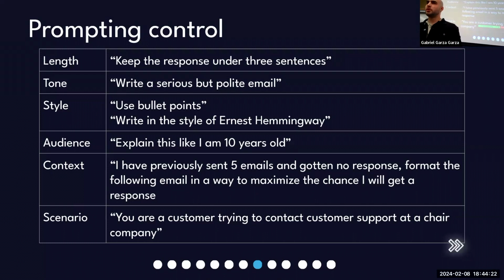I'm a computer science student trying to learn biology, right? Right now I'm sitting in a chair, so be very quick because I don't want to be sitting for long. And then I basically told it all the information it needed and the scenario so that it can tailor its response to my specific needs.